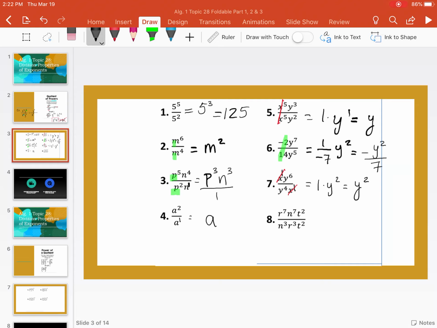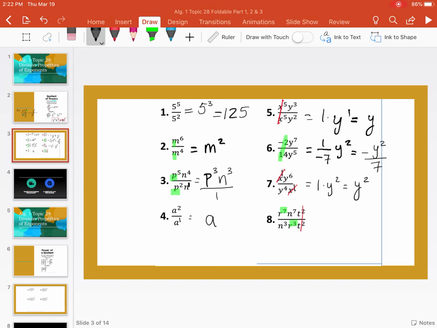Okay, last one. r to the 7th, n to the 7th, t squared over n to the 3rd, r cubed, t squared. If we notice here, our t variables are the same thing, so they cancel. Our r, we have r to the 7th and r to the 3rd.